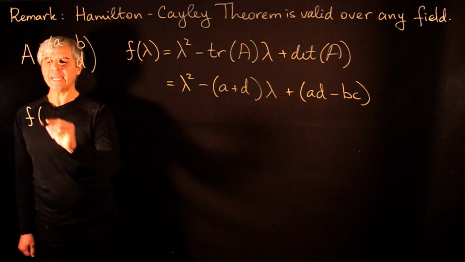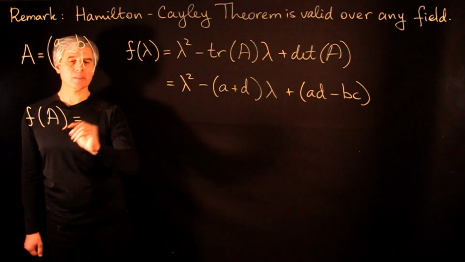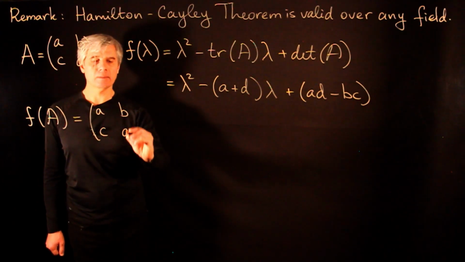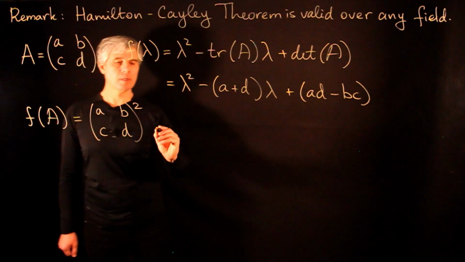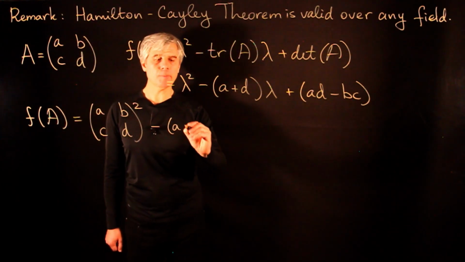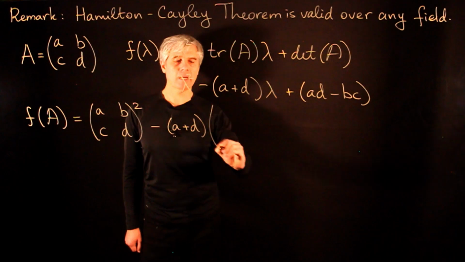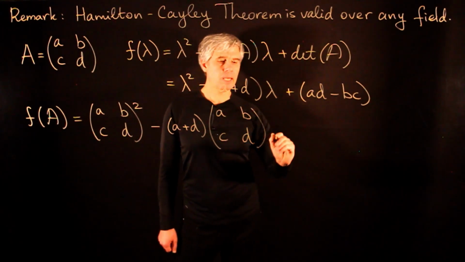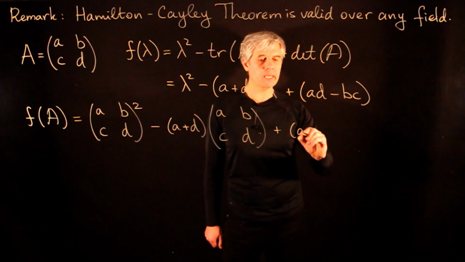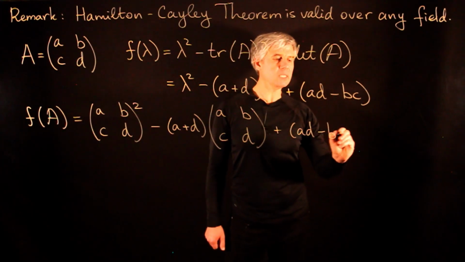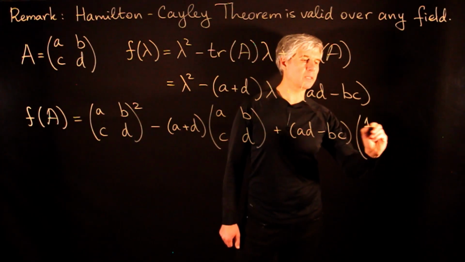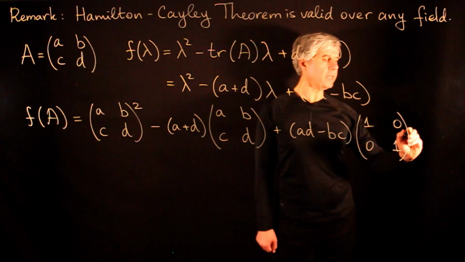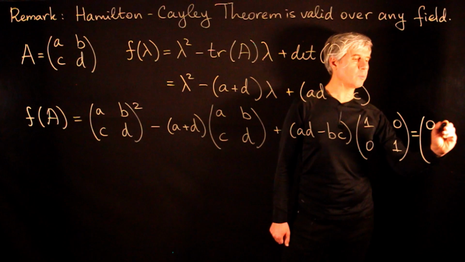So f of A is going to be the matrix ABCD squared minus (a plus d) times the matrix ABCD and plus (ad minus bc) times the identity matrix. And the claim is that this is equal to a zero matrix.